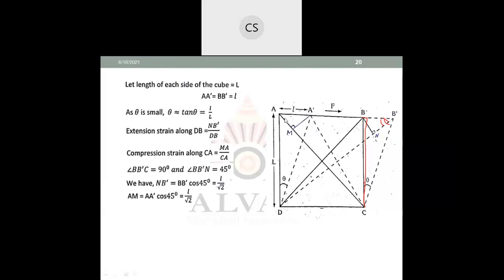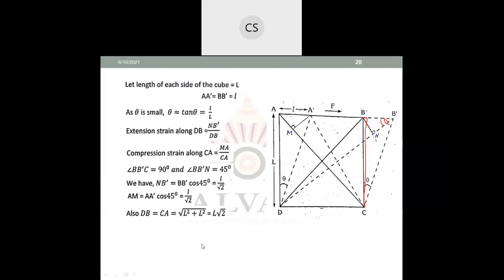What is this angle, A dash A C? This will be 45, same as the previous argument. Therefore, A dash cos 45 is equal to L by root 2. So you will get AM equal to L by root 2. Therefore the extension is L by root 2, and the compression is also L by root 2.